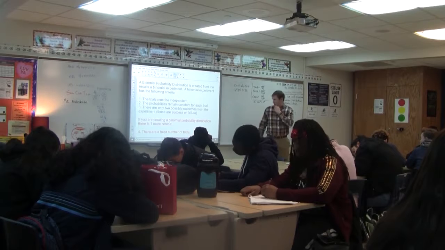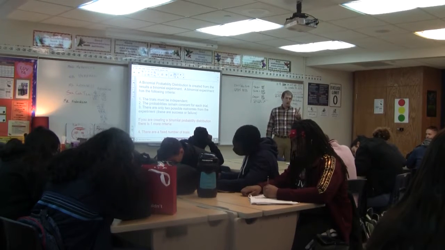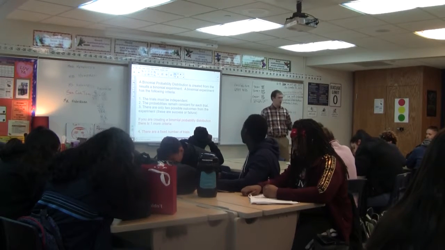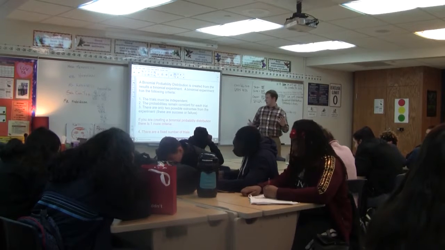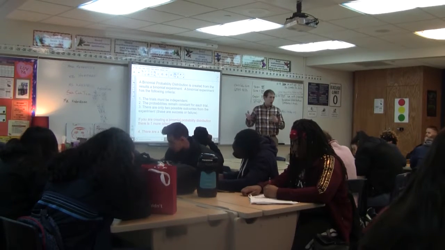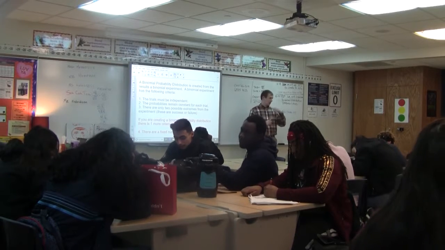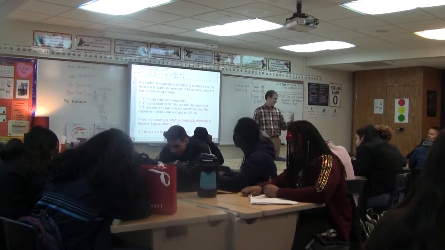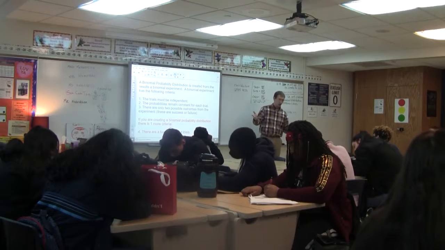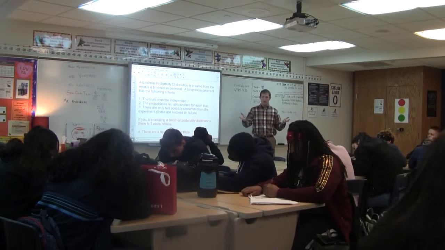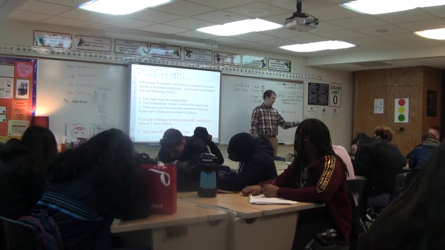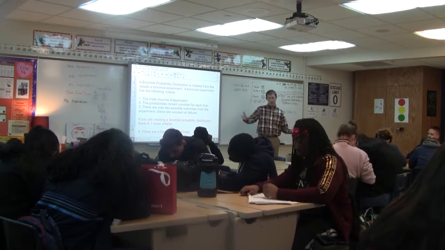Third criterion: there are only 2 possible outcomes. This is the really unique part of a binomial distribution. It allows us to sort outcomes and probabilities into true things or false things, successes or failures. So we can sort it into 2 big categories. Like flipping a coin, you get heads or tails.